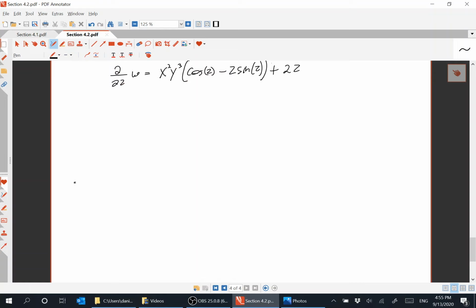Higher partial derivatives. So you can take partial derivatives in succession.